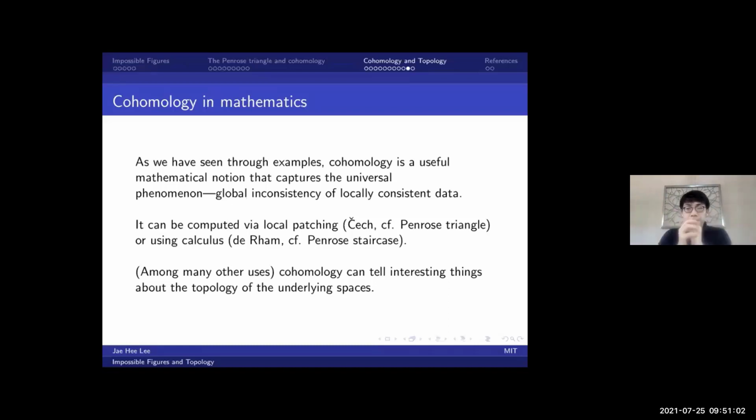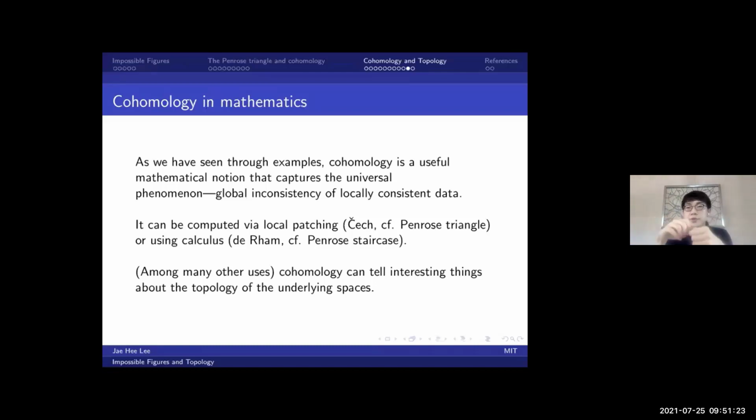Impossible figures were, in both cases, lurking behind or demonstrating this non-zero cohomology. And the existence of such non-zero cohomology really needs non-trivial monodromy.